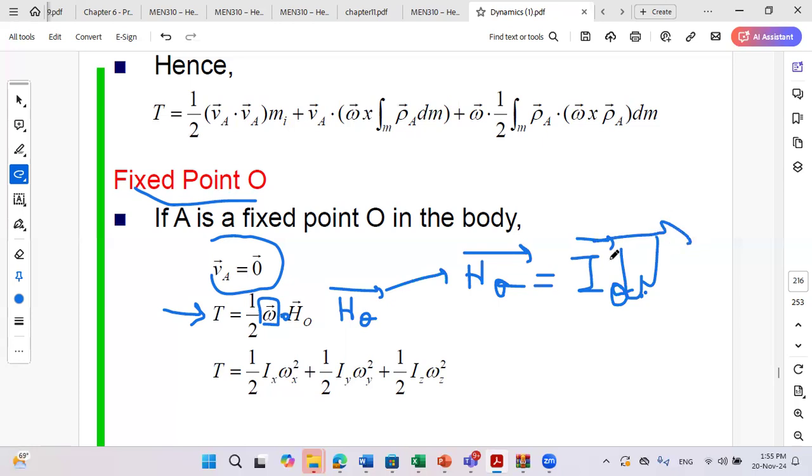It's the tensor of inertia IO times the omega vector.